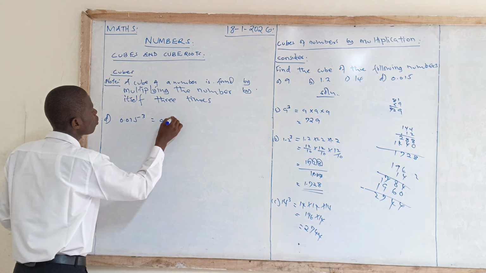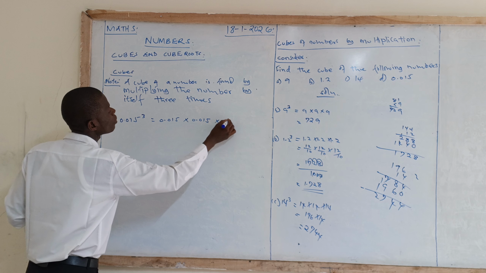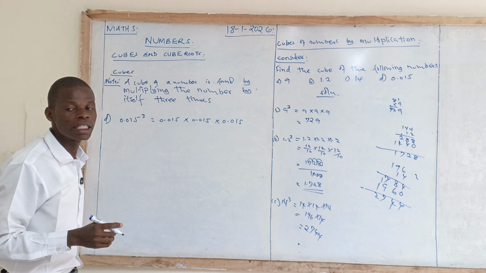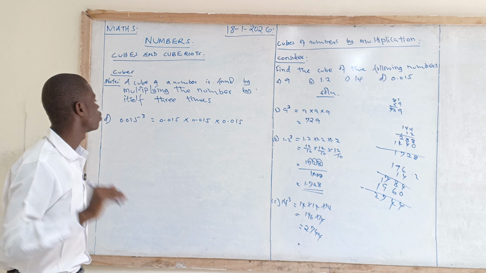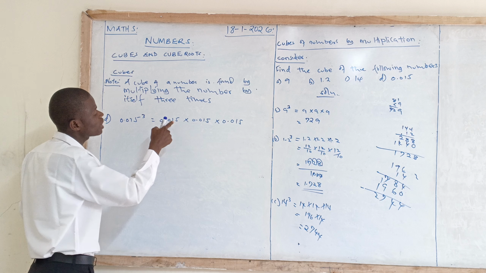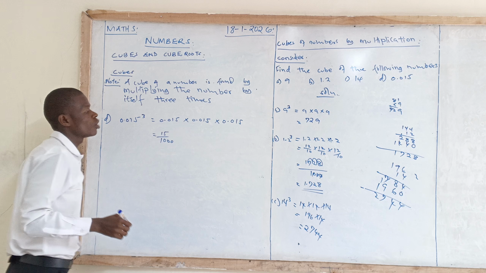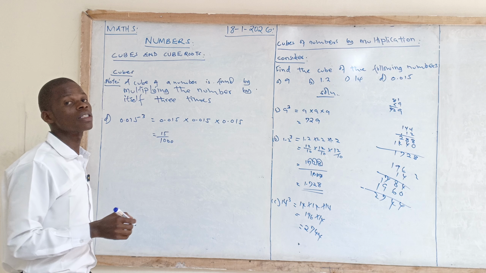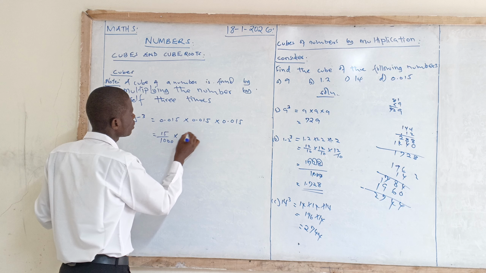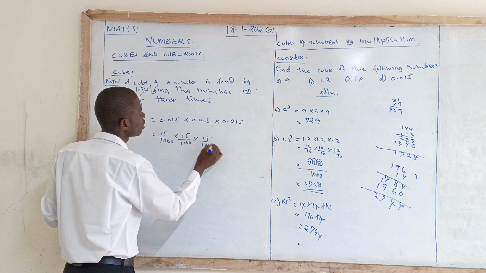This is now 0.015 times 0.015 times 0.015. Cubed, a number multiplied by itself. How many times? 3 times. You need to understand that. So here I can write it as a fraction, this now 15 over 1000. 0.015 as a fraction is 15 over 1000, times 15 over 1000 times 15 over 1000.